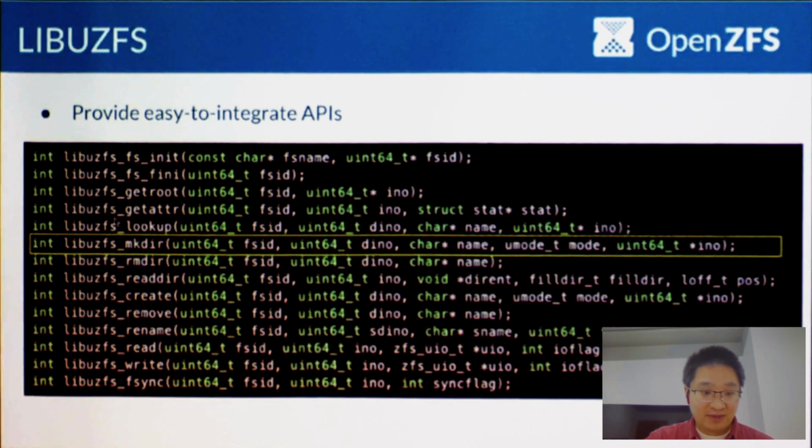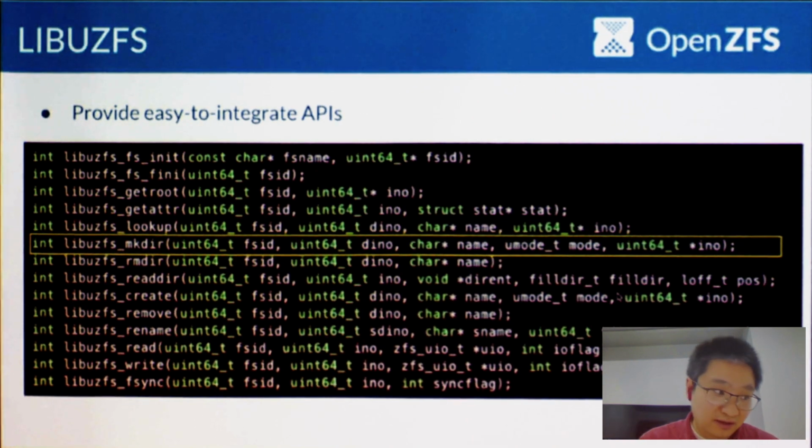Take make directory, for example: the FSID refers to a dataset, the DN number refers to the directory inode number, the name is the entry name, and the newly created inode number is stored in the last element.